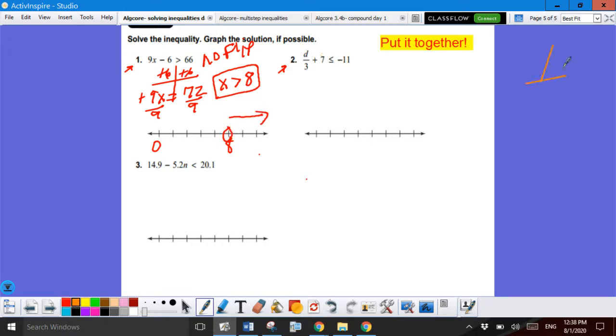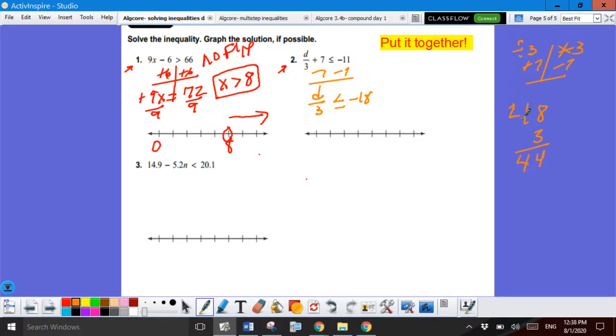Okay, steps on this next one, in case I was struggling: I have divide 3 plus 7, so minus 7 times 3, so minus 7. So d over 3 less than or equal to negative 18. And then I'm multiplying by 3. So let's go ahead and do that. 18 times 3, that's 24. Carry 1, so that's going to be 40.